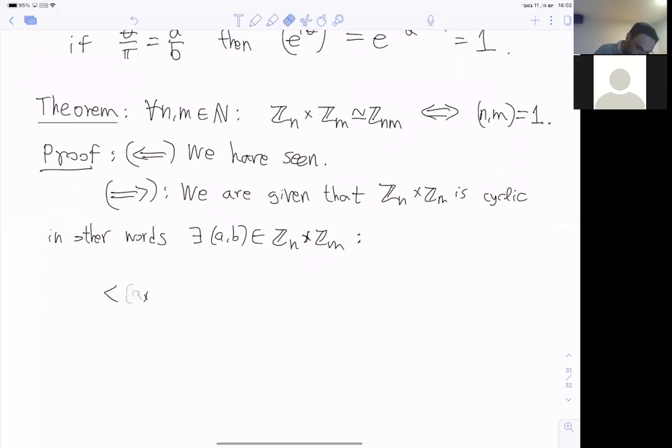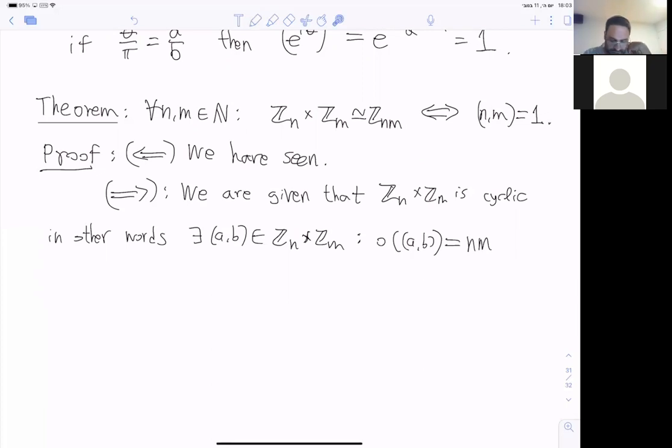Or in other words, what is the order of this element? If we know it is cyclic, it means that there is an element, at least one, whose order is nm.